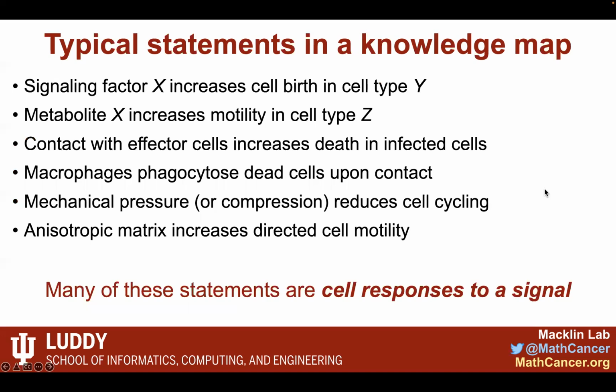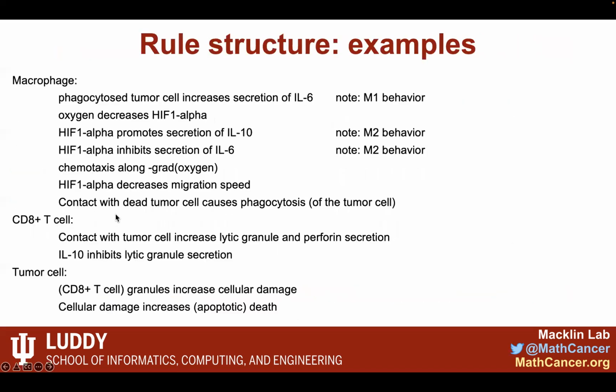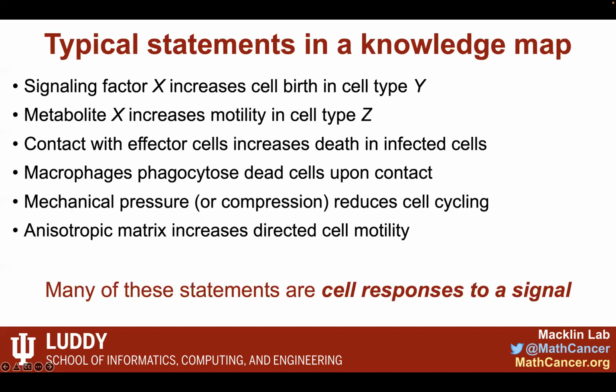Taking a step back across all the cancer projects, immunology projects, virology projects, and digital twins projects we've done, we really do see a fairly common trend: a lot of the knowledge in a knowledge map is going to look like signaling factor X increases cell birth in cell type Y, or contact with some cell type increases death in some other cell type, or some cell type will eat another cell type upon contact, or pressure reduces some behavior.